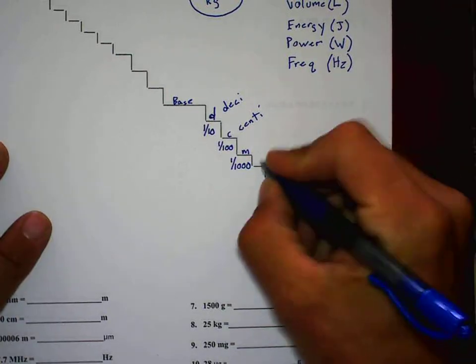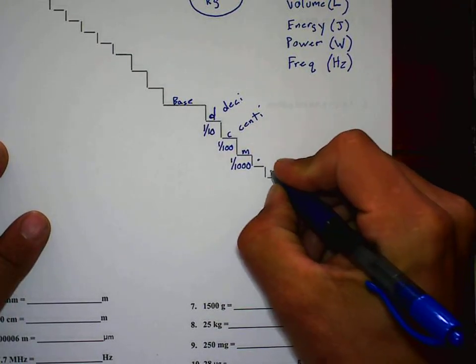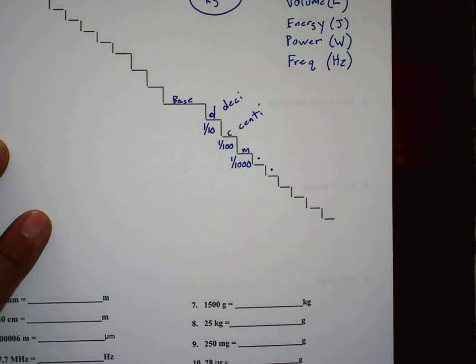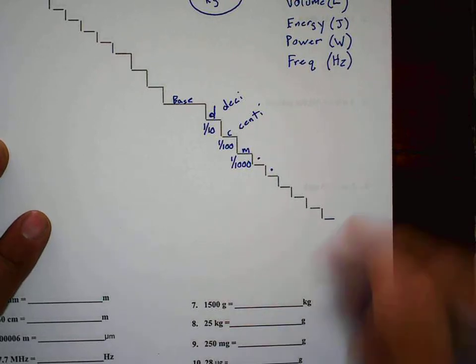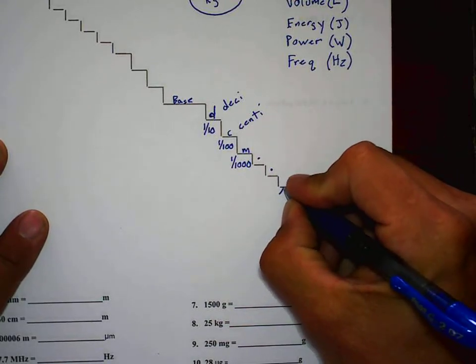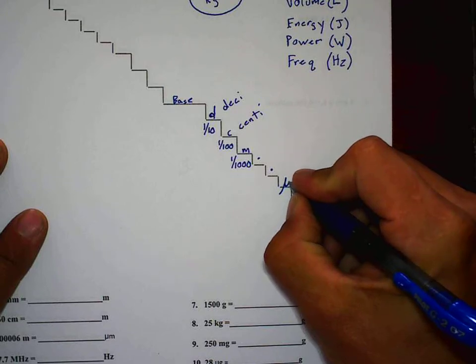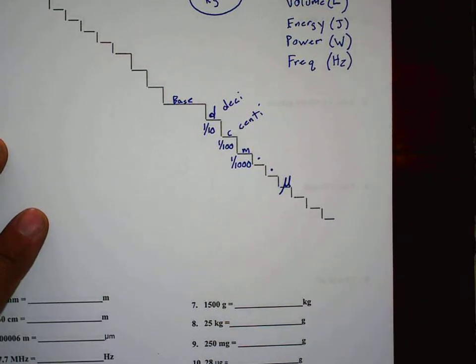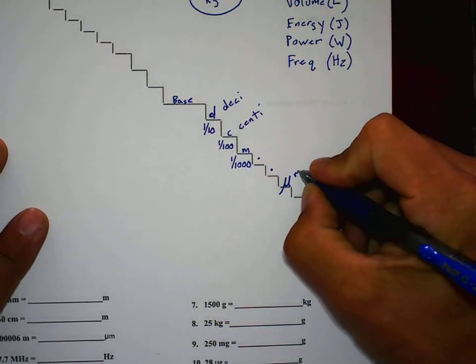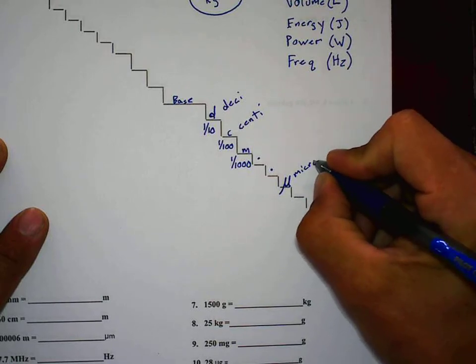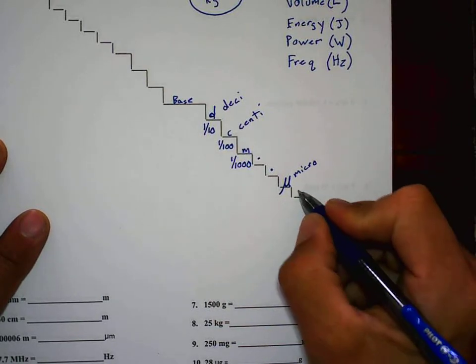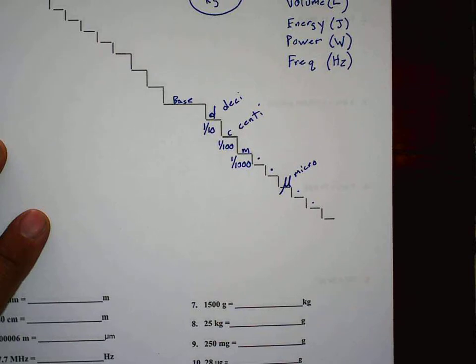Let's get even smaller. We skip a couple stairs. Those are unnamed. They still are decimal point jumps, but they're unnamed. This stands for micro. We can skip 2 more stairs.